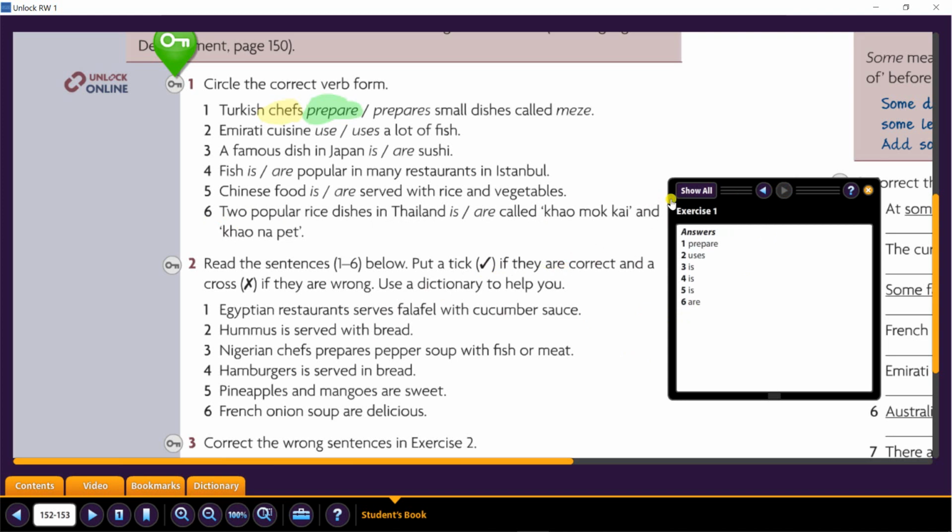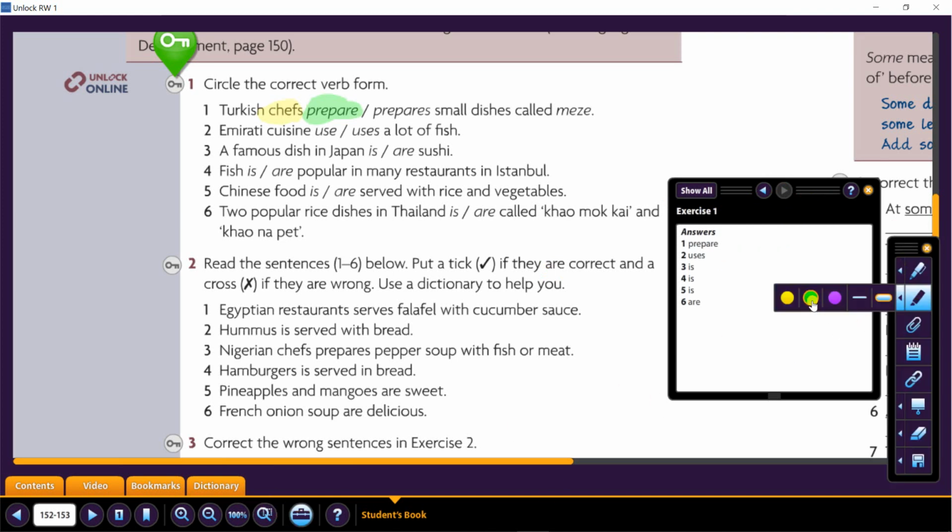You can pause the video, ladies, to see if your answers were correct or not. Let me just give you hints. Here, cuisine, 1 cuisine. So the answer is uses, since here we do not have S. Since here we do not have S with cuisine, you put S here.